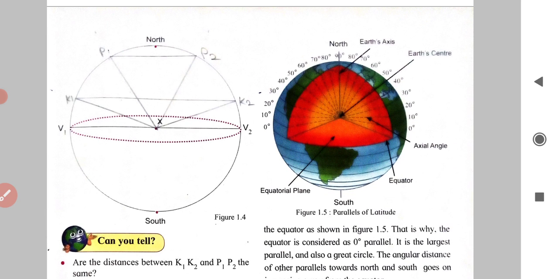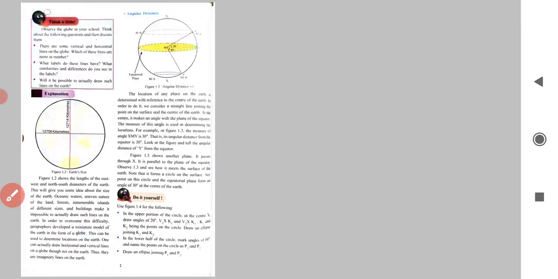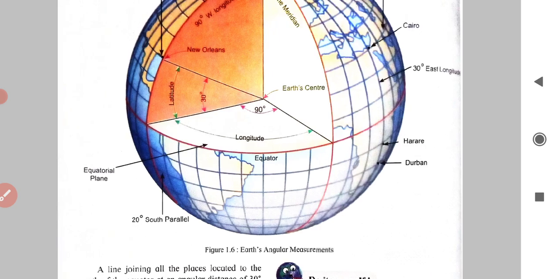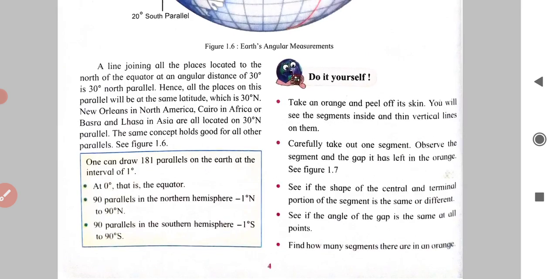Those on the north side are called northern degrees, and those on the south side are called southern degrees. Now let's go on to the next.